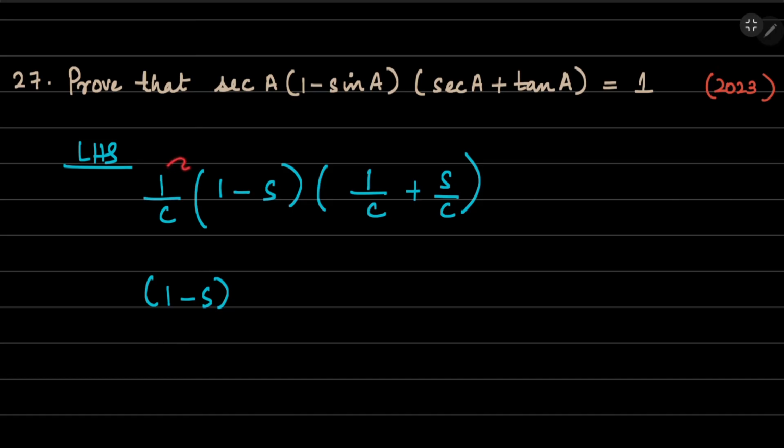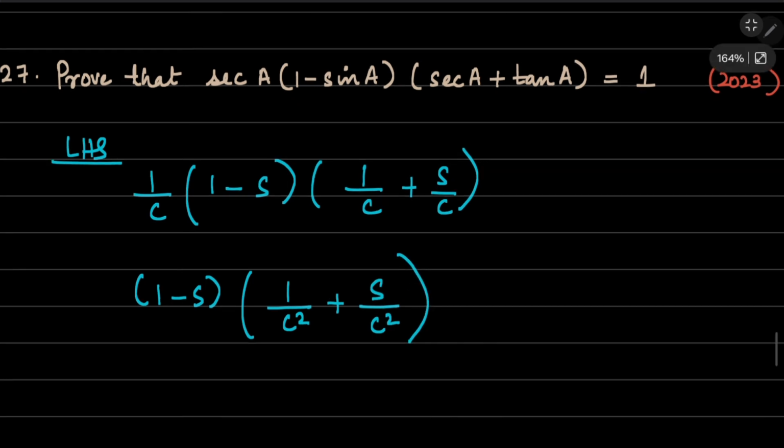And I'll multiply this with all of these terms. So what do I get here? 1 by cos square plus sine by cos square. Right? So this is nothing but 1 minus sine A. When you take the LCM, it is cos square. Numerator, you will have 1 plus sine.